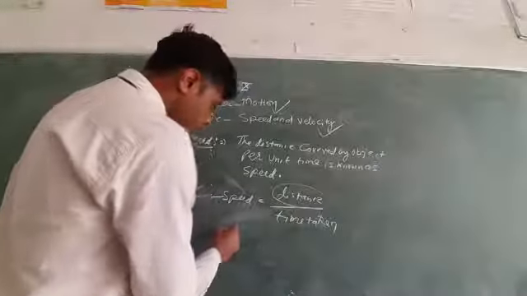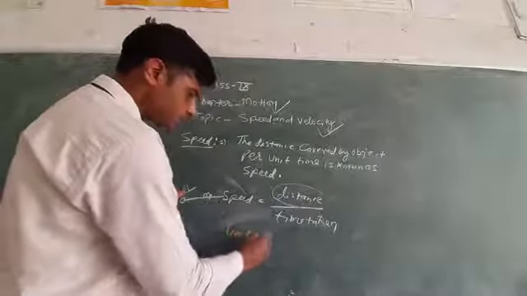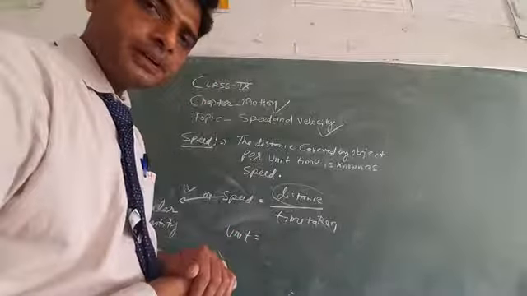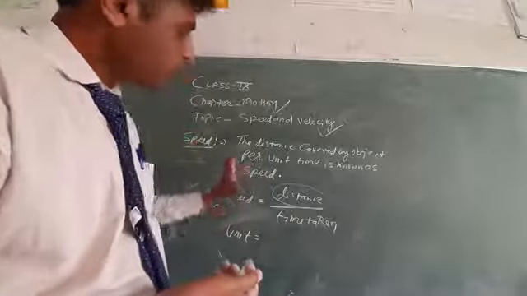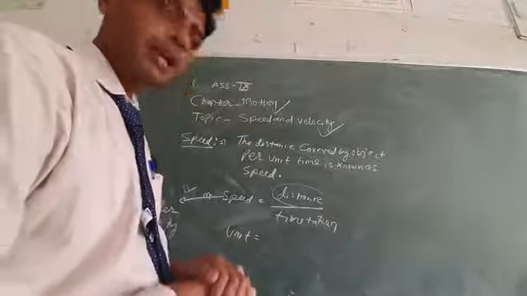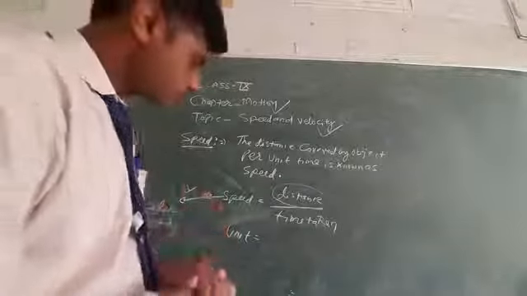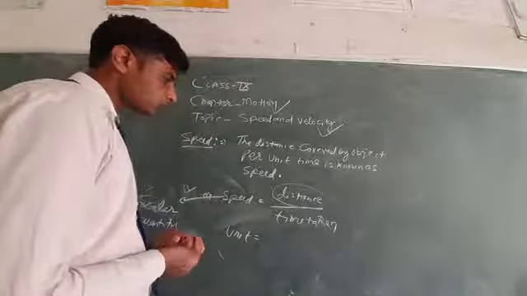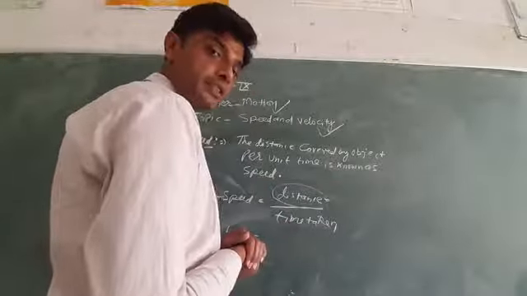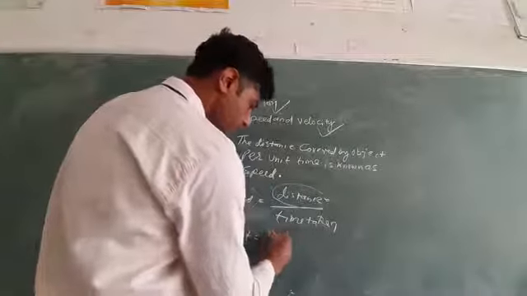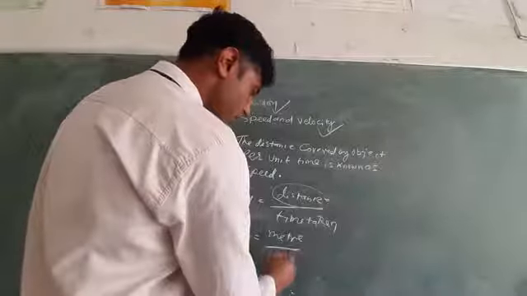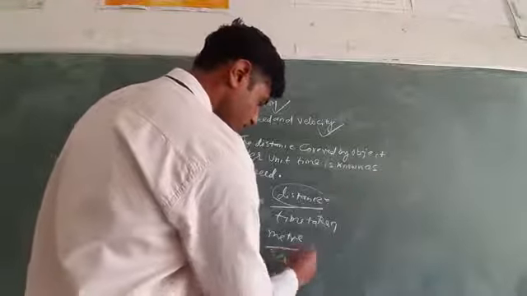And what about the unit? The unit of speed is based on the unit of distance and the unit of time. As you know, the unit of distance in the MKS system is meter and the unit of time is second.